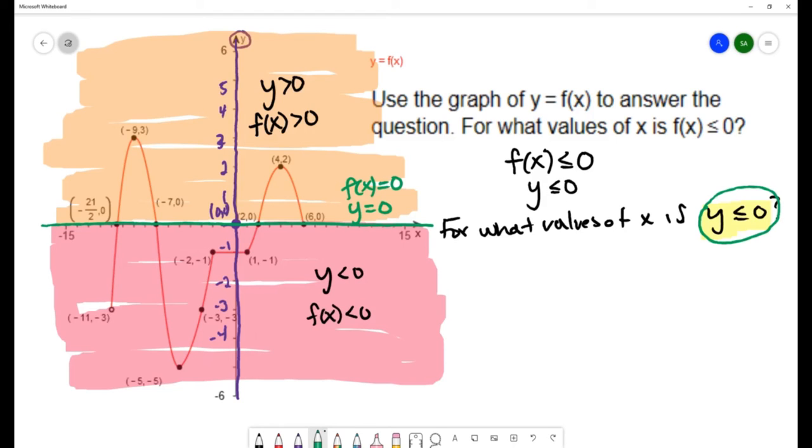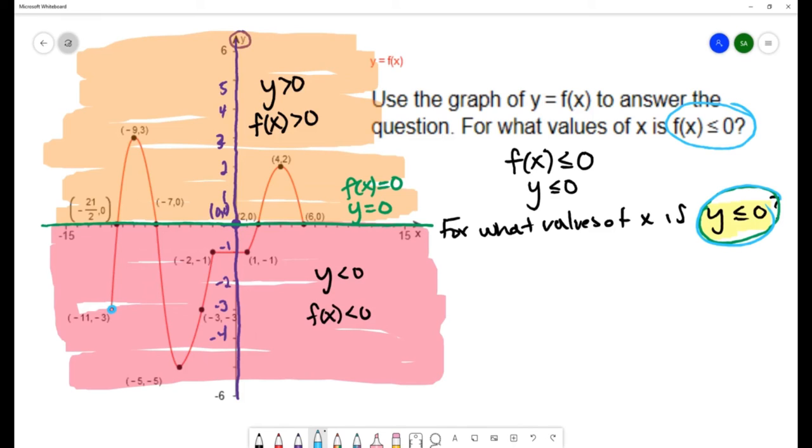So let me get one more color here, and I'm going to highlight the portions of the graph that fit our description here of f of x being less than or equal to 0, or y being less than or equal to 0. This open circle means that point is not on the graph, so that point wouldn't qualify.